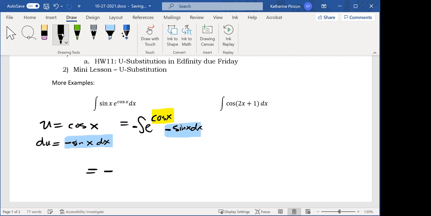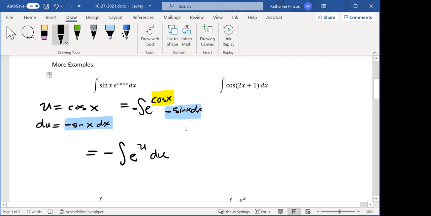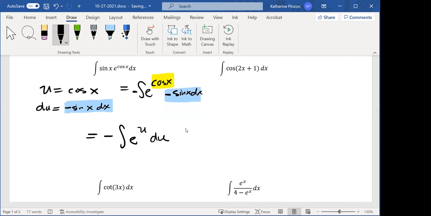So this integral looks like negative e to the u du. What's the antiderivative of e to the u? E to the u. Plus c.